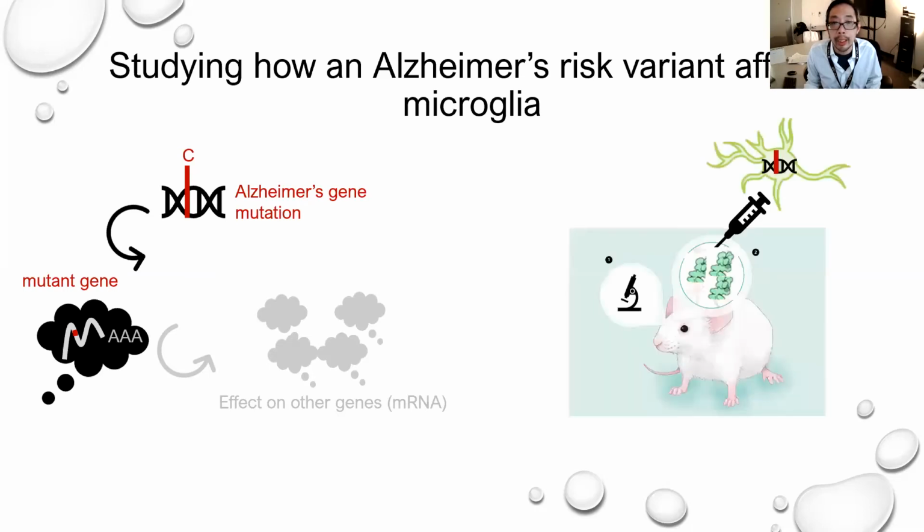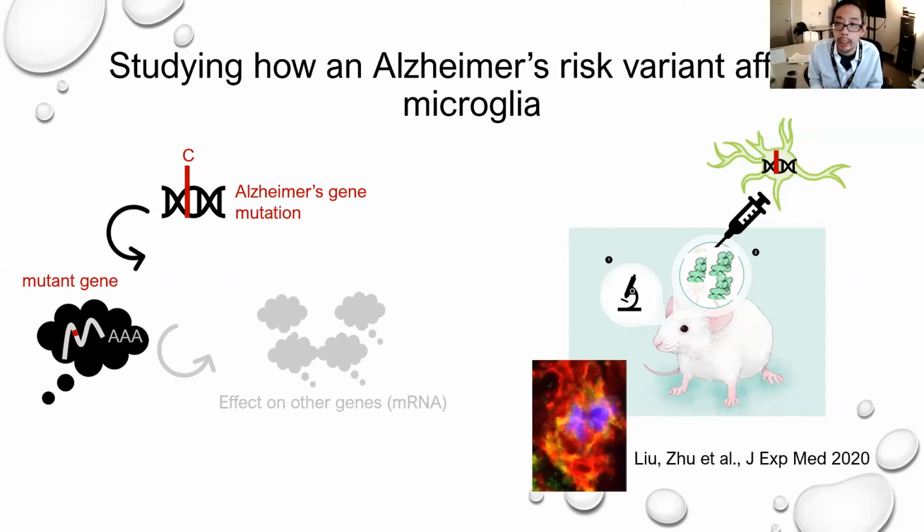So at the same time, they can take these microglia and ask the question, well, how does microglia interact and behave in a disease environment? So they can implant these microglia that have these gene mutations into a mouse that has a gene expressing that's making this beta amyloid protein, and they can then look at how these microglia are able to interact with the beta amyloid and how these microglia are able to clear away the beta amyloid in the brain.